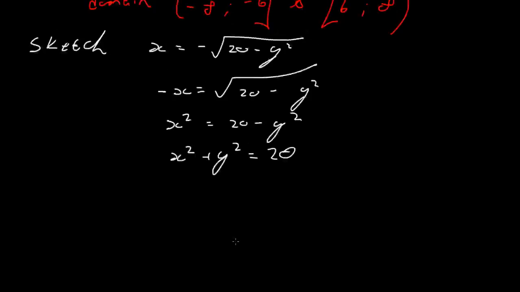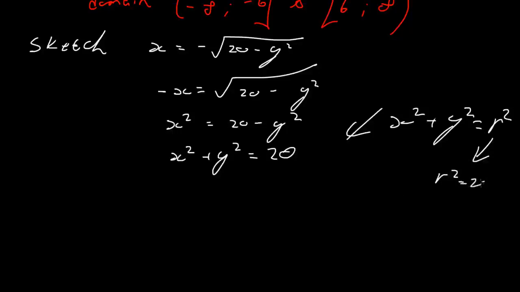And what is it? It's a circle. Because this is in the form x squared plus y squared equals r squared, where r squared equals 20. Okay, so now we've determined that this is a circle, because we've gotten it into that form.